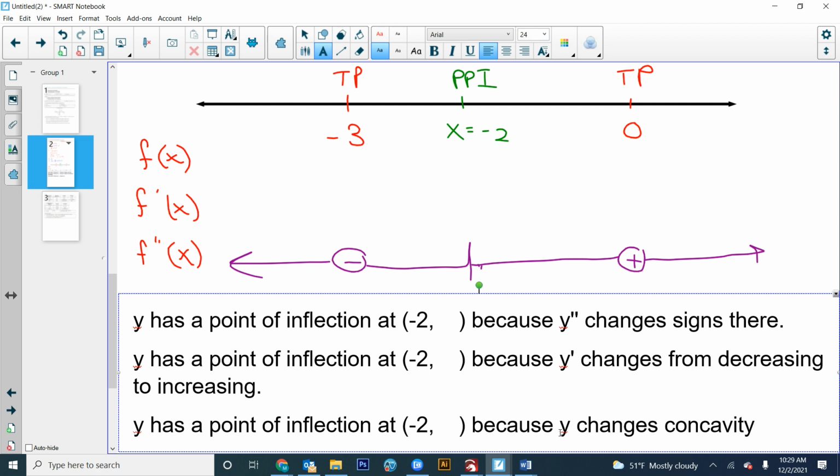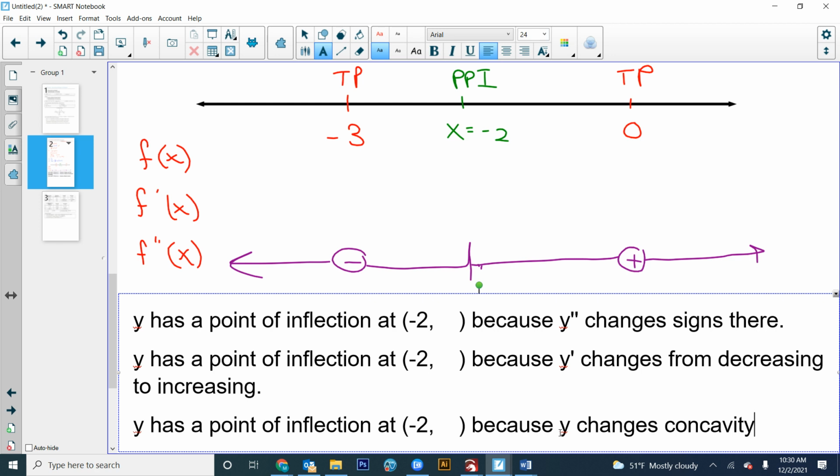Here's y changes concavity. Okay. Now, be careful. I don't want to confuse you. Mr. Westphal, I thought you said when we did extrema, you have to use the derivative to justify whether it's a max or a min. Yes, still the case. You cannot say y changes from increasing to decreasing for a max. You have to use the derivative.